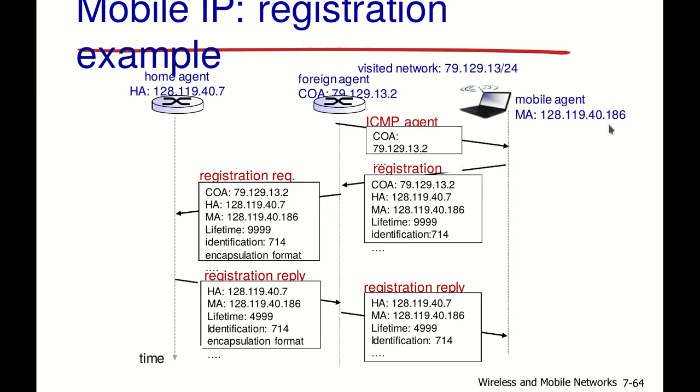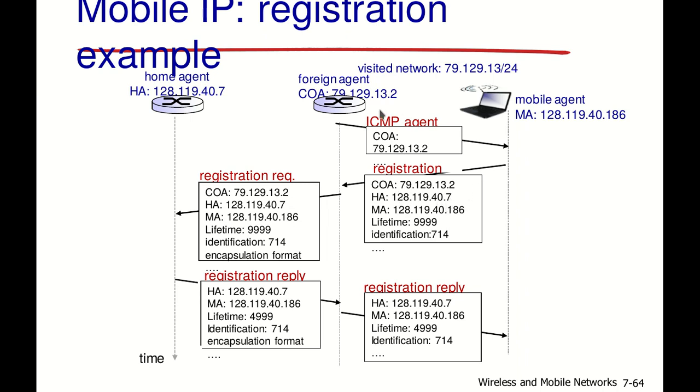The mobile agent receives this advertisement message from the foreign agent, and let's say it also requires registration upon receiving it. So the mobile agent will send a registration request to the foreign agent stating its permanent address and the home agent address.